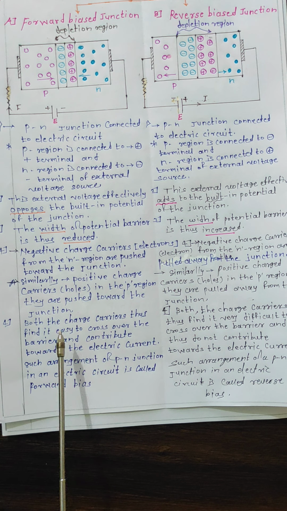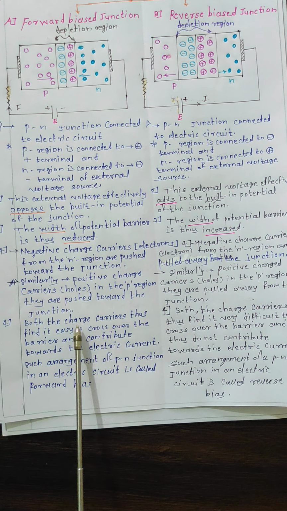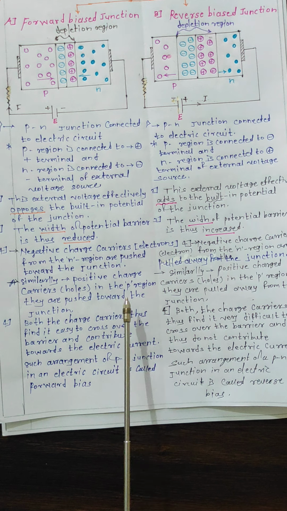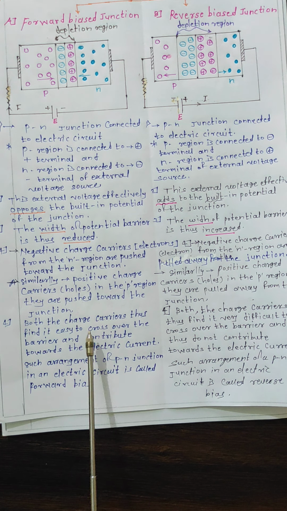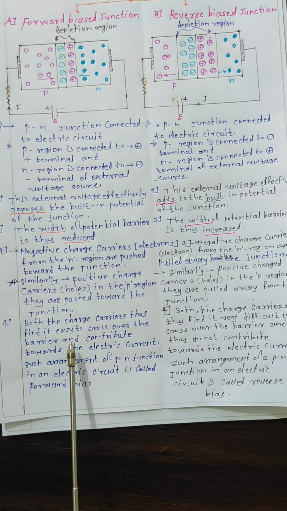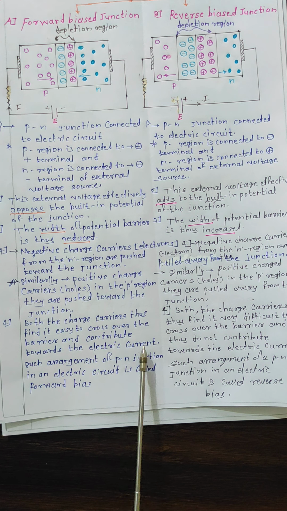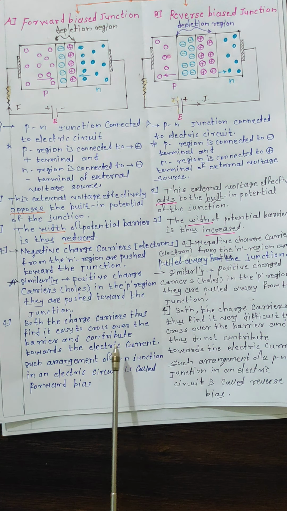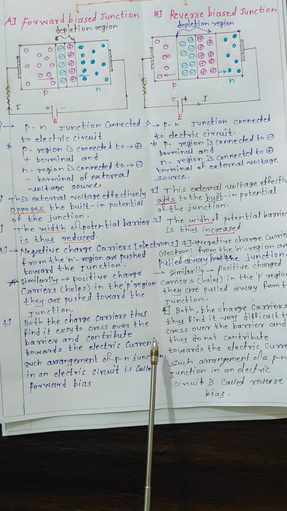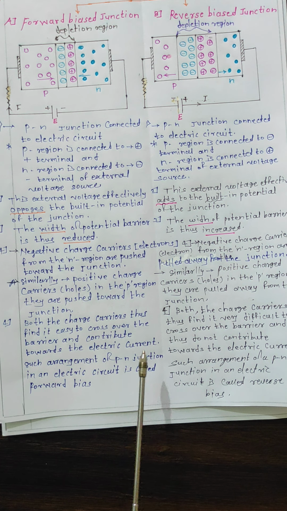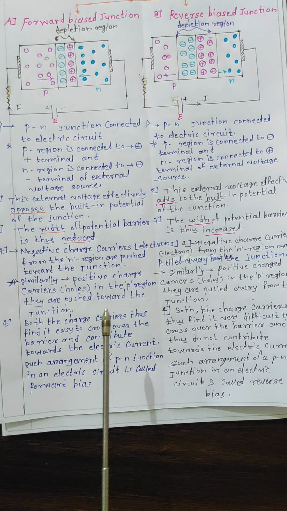Then next, both the charge carriers thus find it easy to cross over the barrier and contribute toward the electric current. Such an arrangement of a p-n junction in an electric circuit is called forward bias.